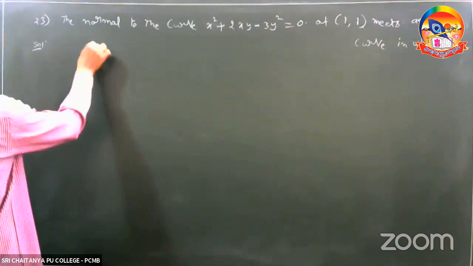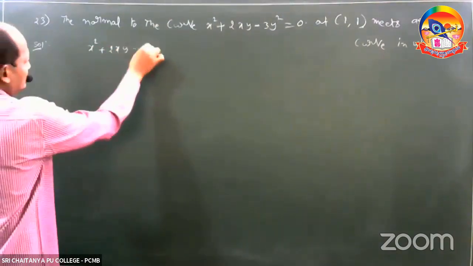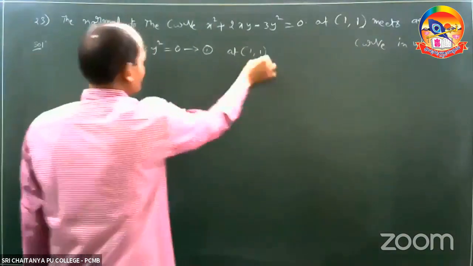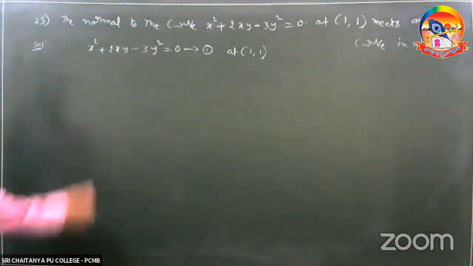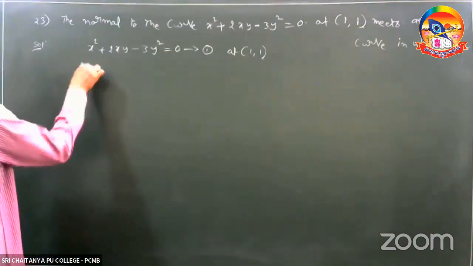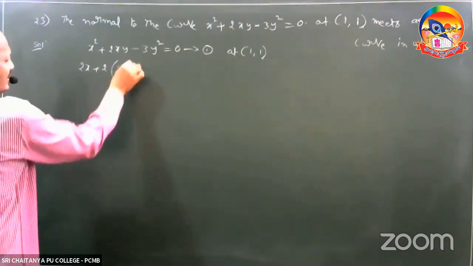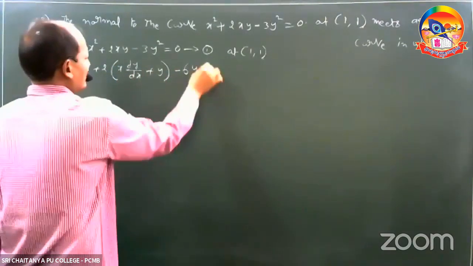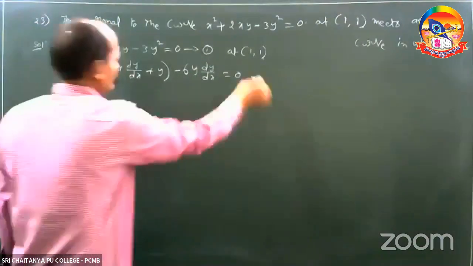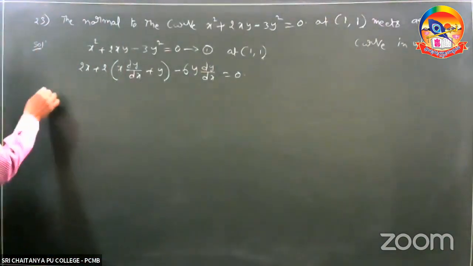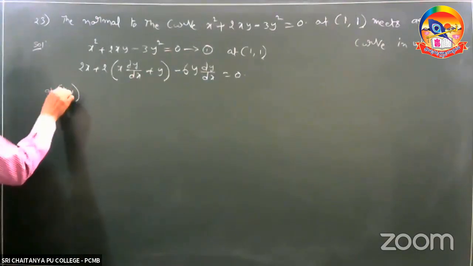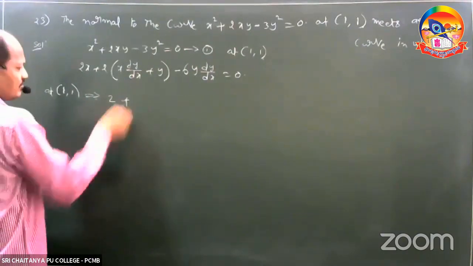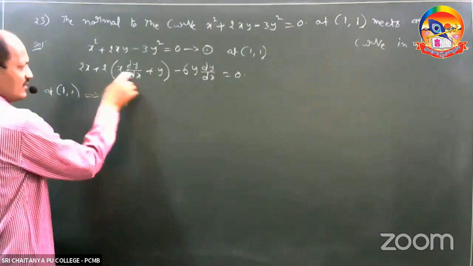First, the given curve x square plus 2xy minus 3y square equal to 0 is considered equation 1. First find the slope of tangent: 2x plus 2 into x dy by dx plus y, minus 6y dy by dx is equal to 0. At 1 comma 1: 2 into 1 is 2, plus 2 into x value 1, y value 1.